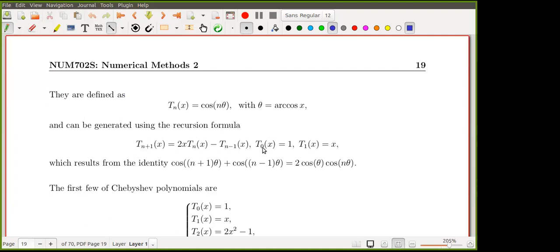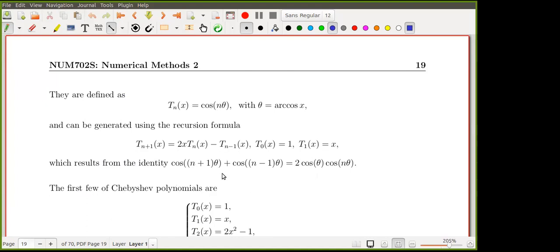T0, if we take n equal to 0 and substitute here, it will be cosine of 0. We know cosine of 0 is 1, so T0 is 1. And then when n is 1, if we substitute in the formula, we see that cosine of theta, as we saw, cosine theta is x.